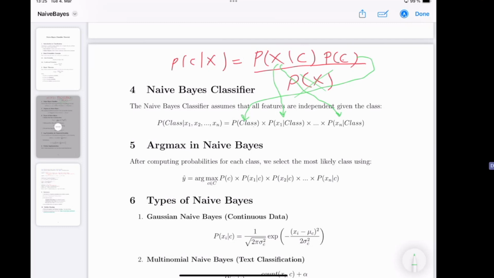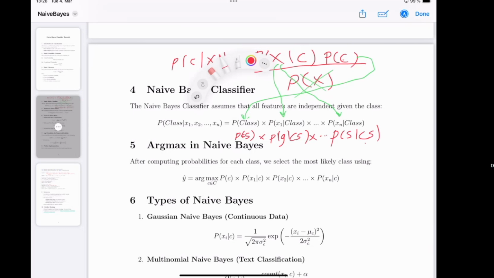So this would be the probability of being a girl, given the fact that you are a computer science student, let's say you are a student and you're studying computer science.